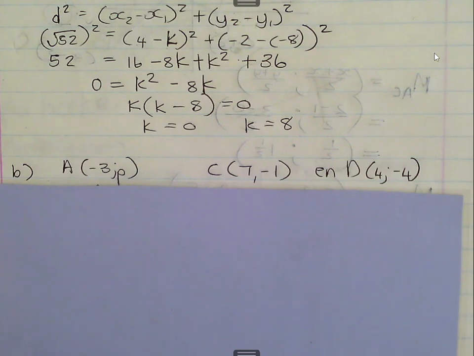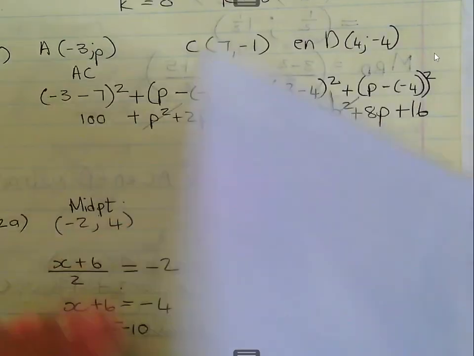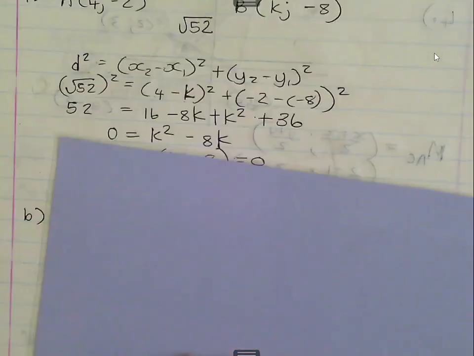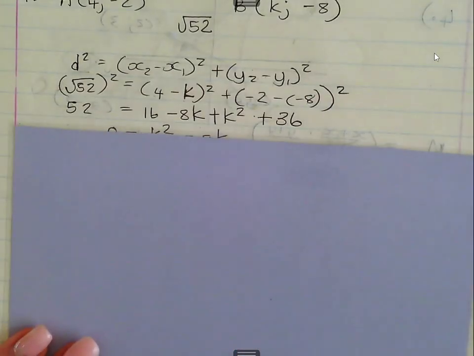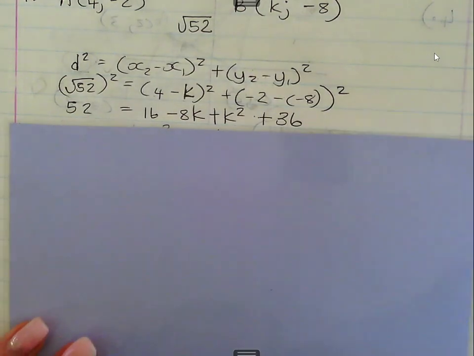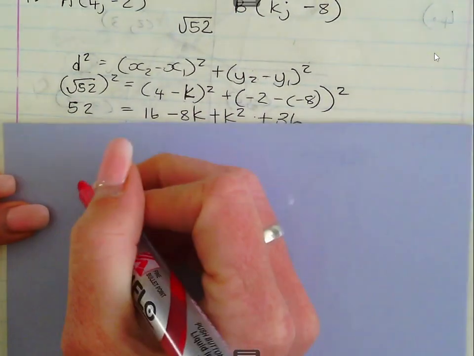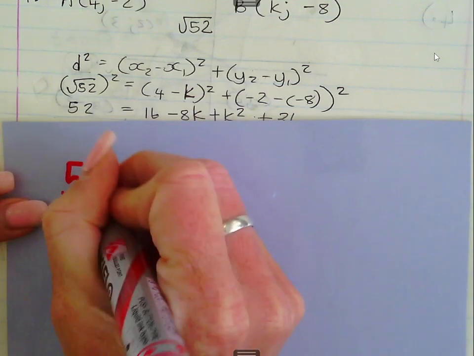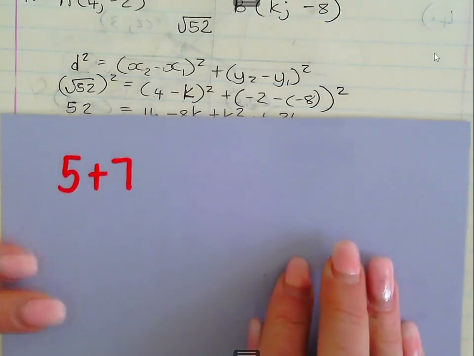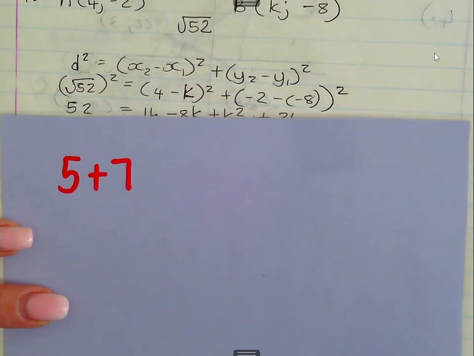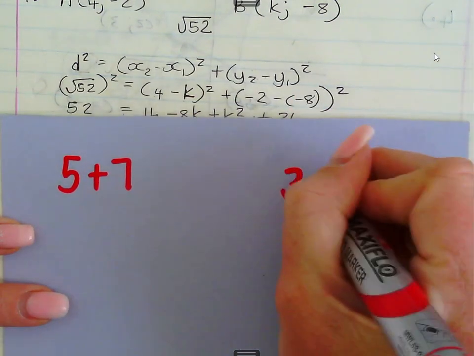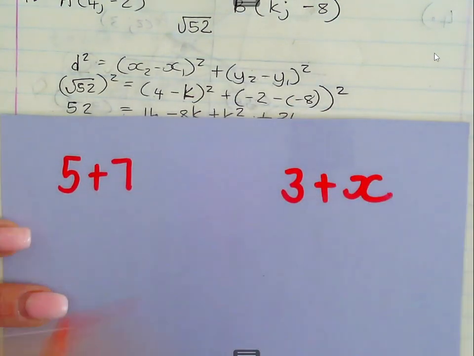Okay? If I say 5 plus 7, let me write it here. If I were to tell you that 5 plus 7 will be the same value as 3 plus something, do you agree you've got two unknowns now?